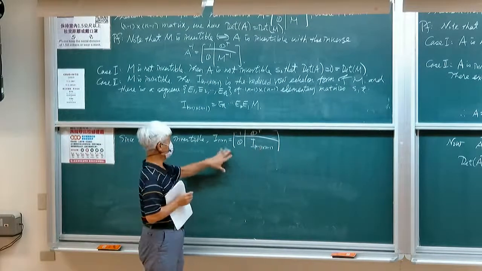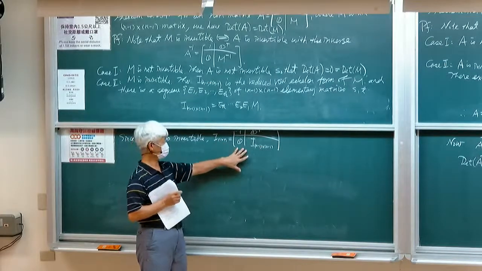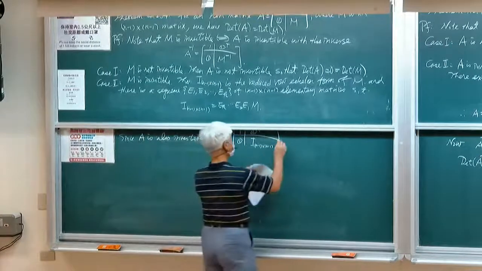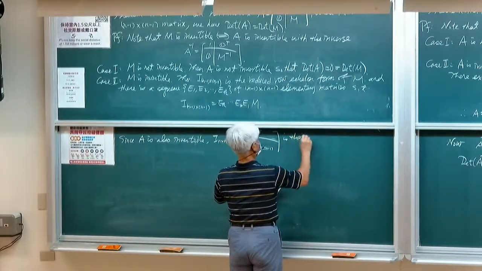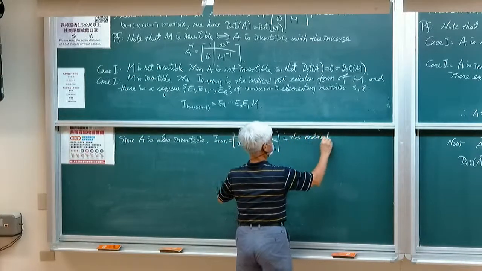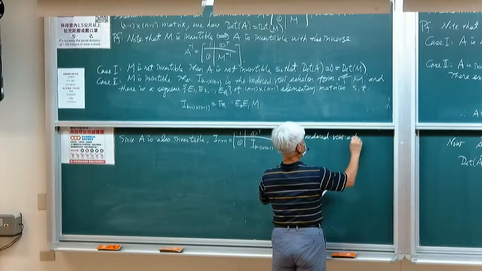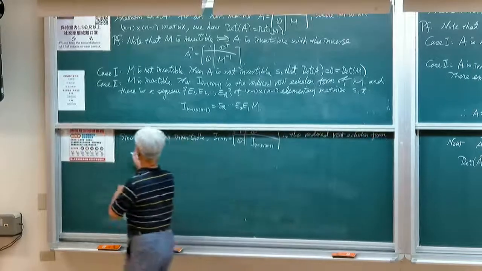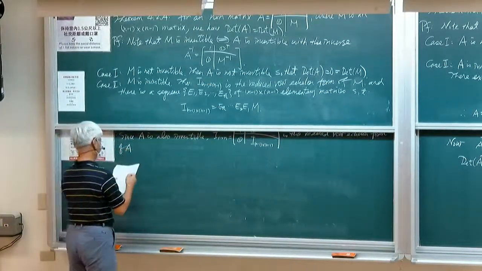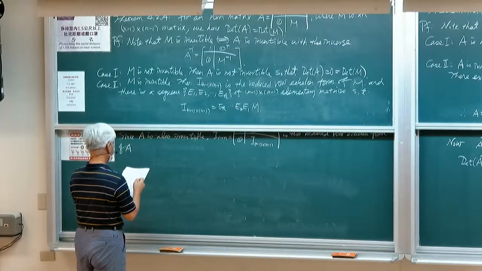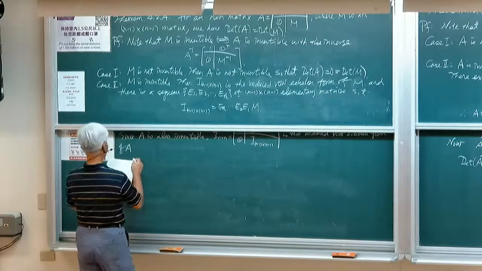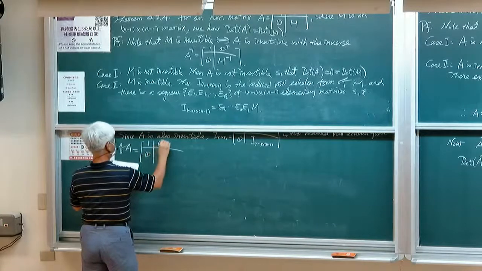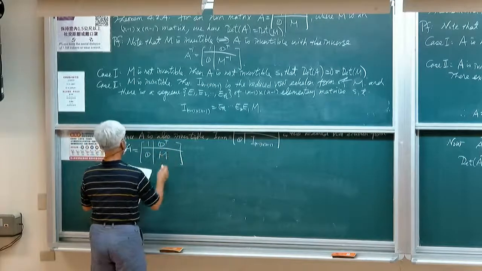I write this identity matrix into this form purposely. And so this one is the reduced row echelon form of A. All right, and as we see, A is, by our construction, this way.